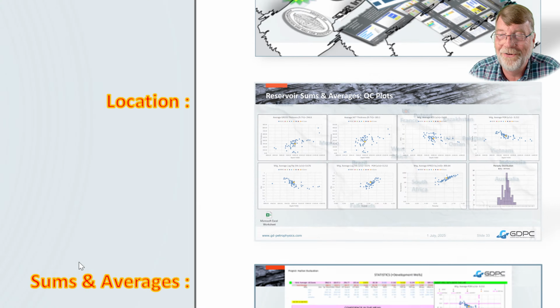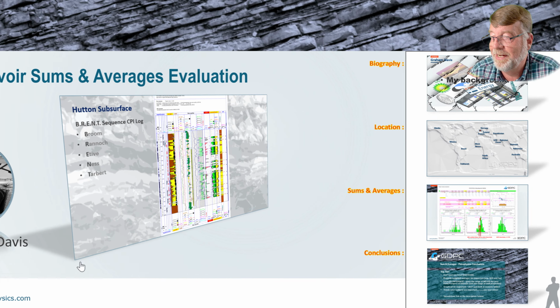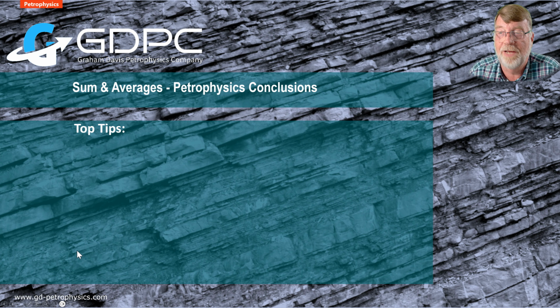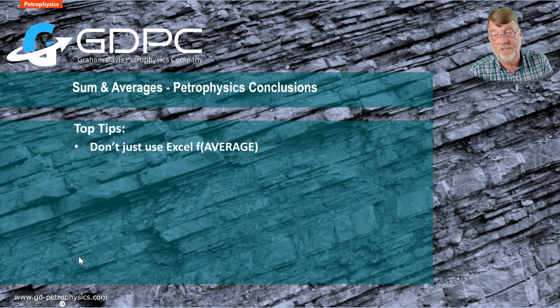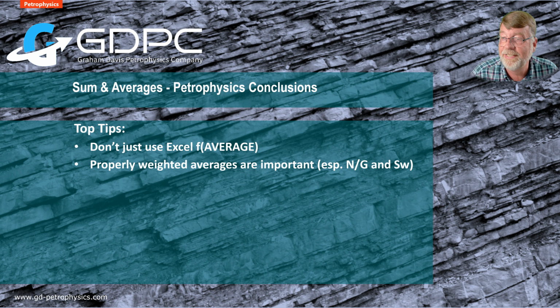Okay, so that's where we are, and the final sums and averages, conclusions, top tips. Don't just use the Excel average function. Use the properly weighted averages, especially for net to gross and water saturation.